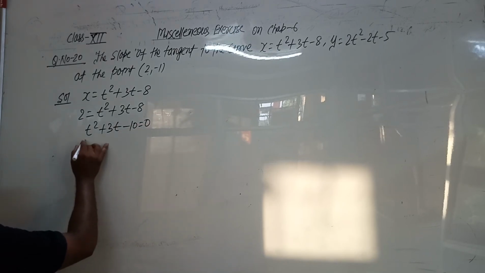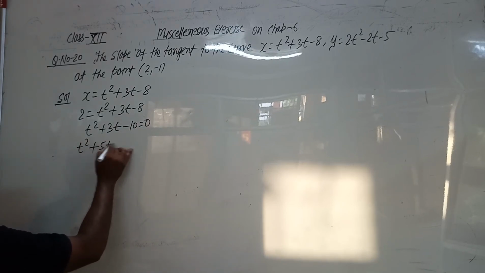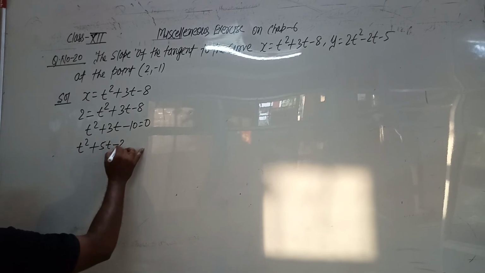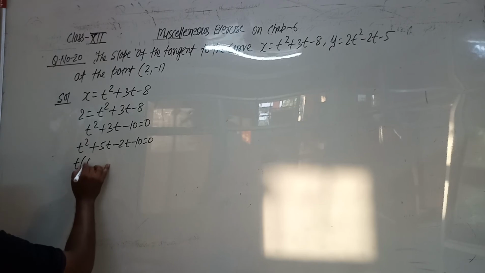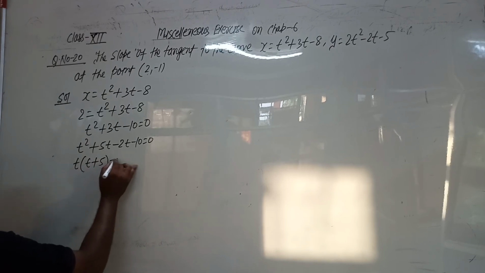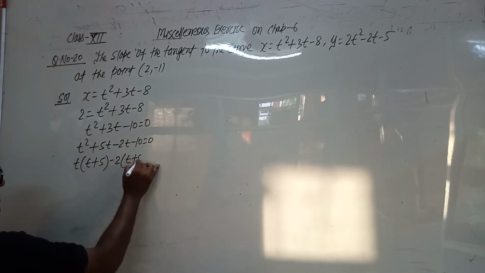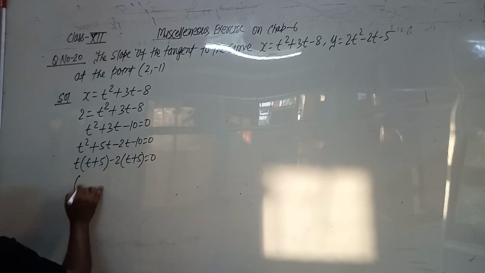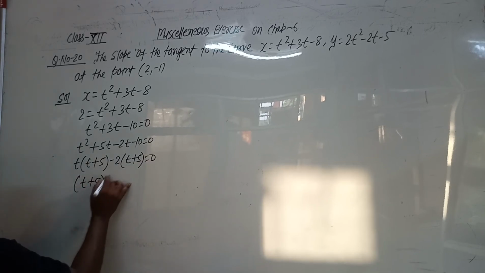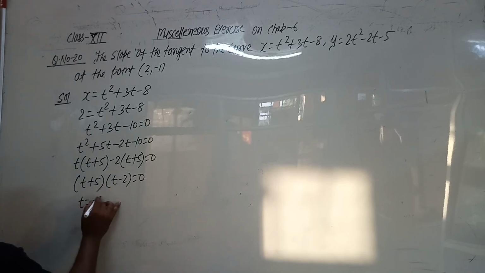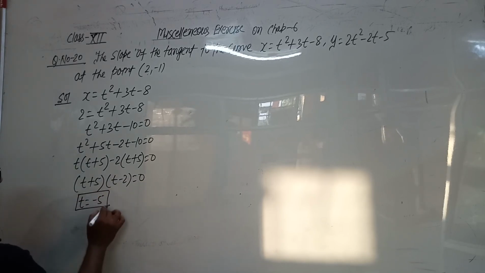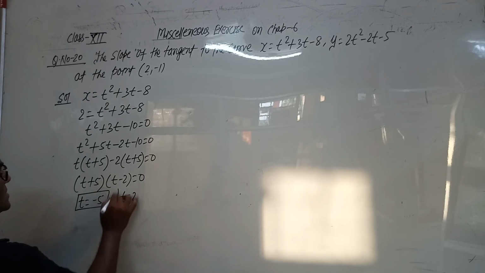Make its factors: t square plus 5t minus 2t minus 10 equals 0. From the first two terms t is common, from the last two terms minus 2 is common. t plus 5 and t minus 2 equals 0. We get t equals minus 5 and t equals 2.